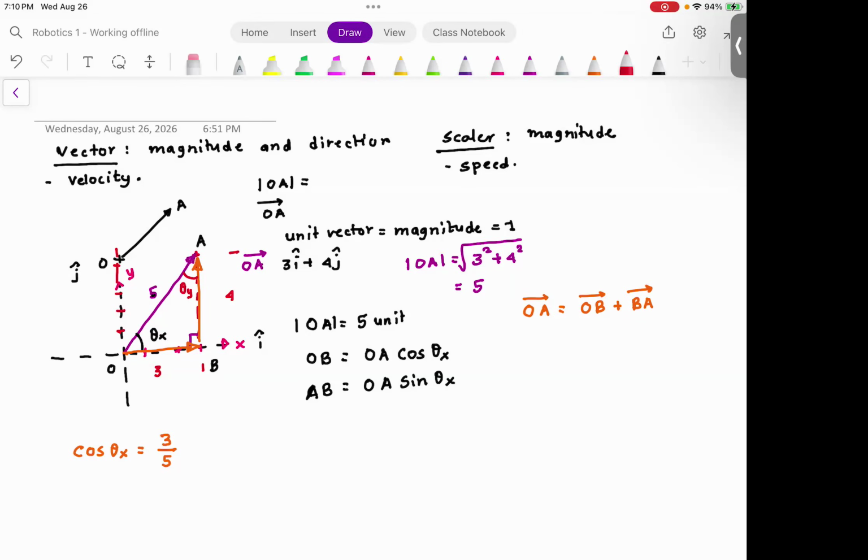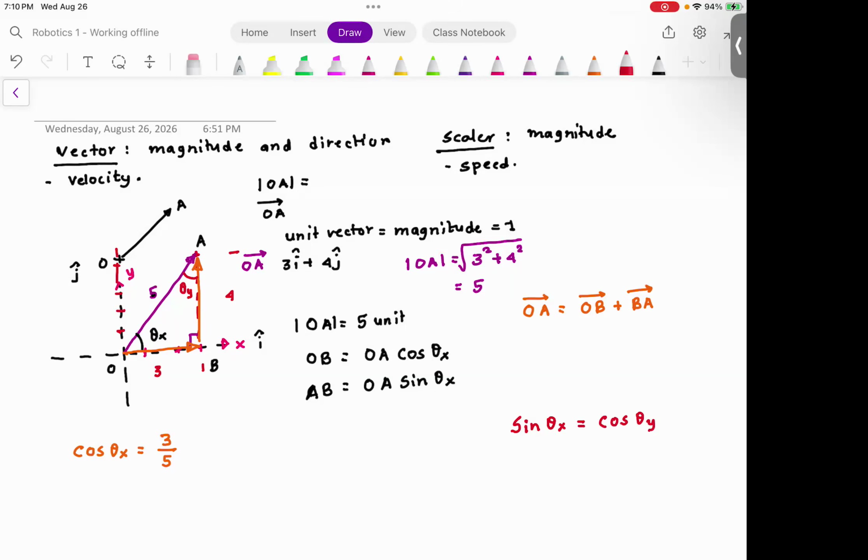Since this is a right angle triangle, theta x plus theta y is equal to 90 degrees. In other words, sine theta x is equal to cosine theta y.